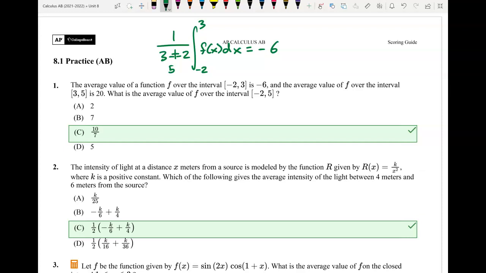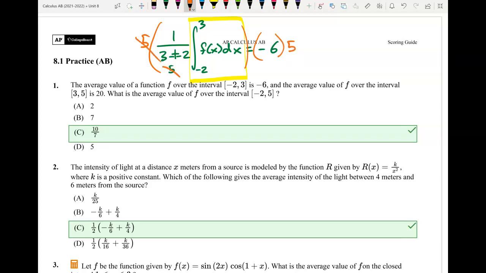Since we are not given the function, we want to know what this definite integral equals. And I'll show you the reason why. So this is 1/5. Could I multiply both sides by 5? Does that make sense?